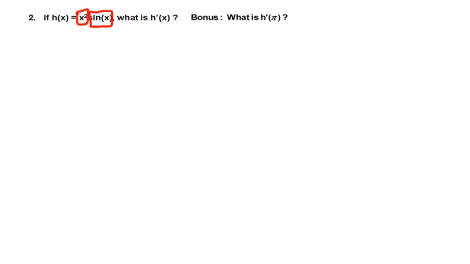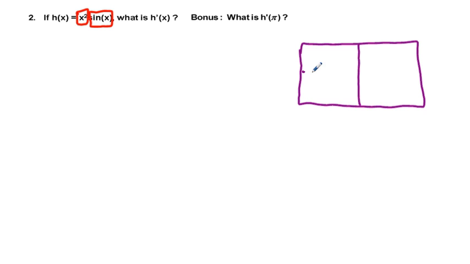And so for that, my recommendation is to put this in this graphic organizer fashion here, where you have this u, v, u prime, v prime thing. So we got u is x squared, and the derivative of x squared is 2x. And then we have v is going to be sine x, and then the derivative of sine x is cosine x.